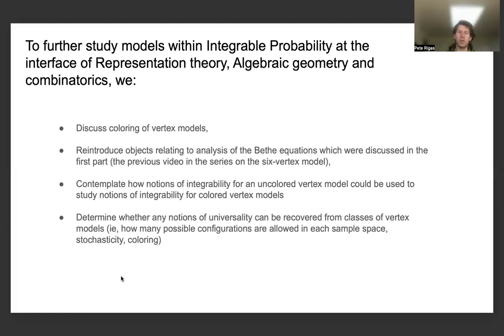To further study models within integrable probability at the interface of representation theory, algebraic geometry, and combinatorics, we will discuss the coloring of the vertex models and reintroduce objects we had previously discussed, relating to the analysis of the Bethe equations discussed in the first part of the video. We already reiterated that material: you can look at different classes of boundary conditions, either for a lower rank or a higher rank spin chain.